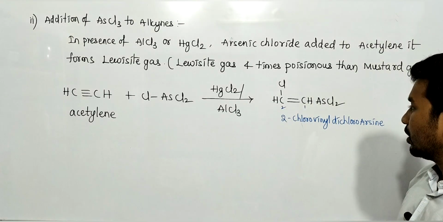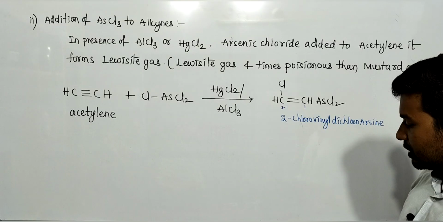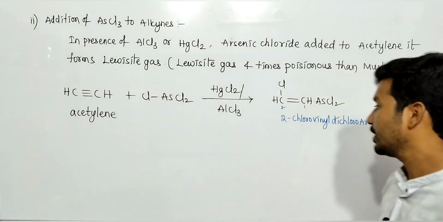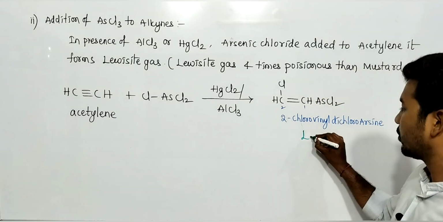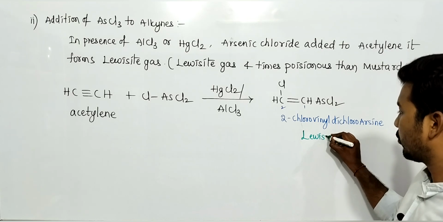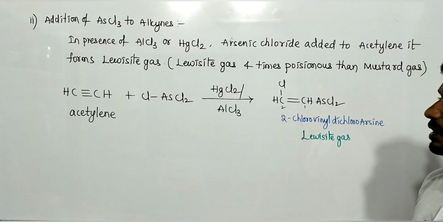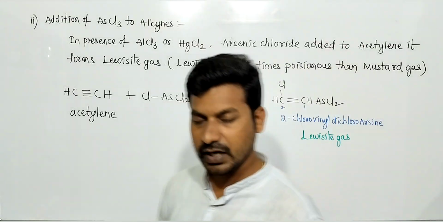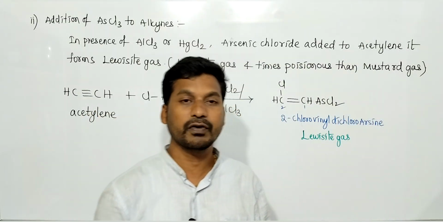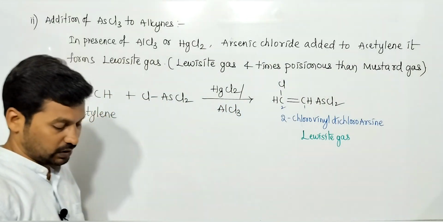This is the name of this one. Its common name is what? Lewisite gas. Lewisite gas is what? Poisonous gas. Thus alkynes, very limited reaction. Alkynes undergo nucleophilic addition reaction. Okay, take this one.